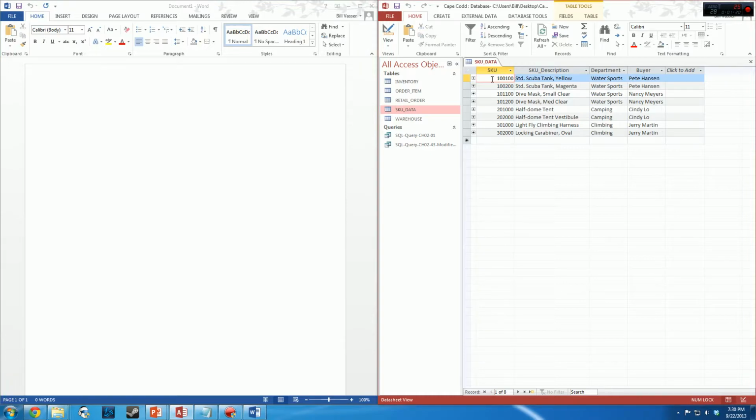If we know what the SKU is, what else can we determine? So for the SKU 202,000, do we always have the half dome temp vestibule? That's an interesting word too, vestibule.